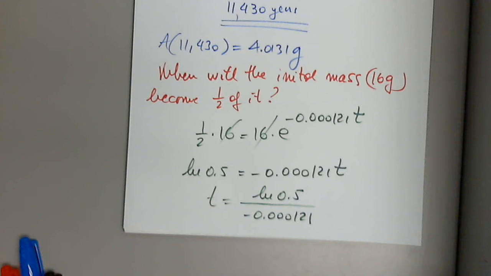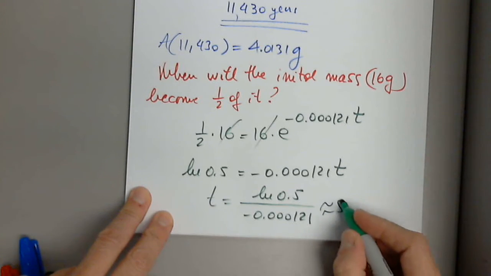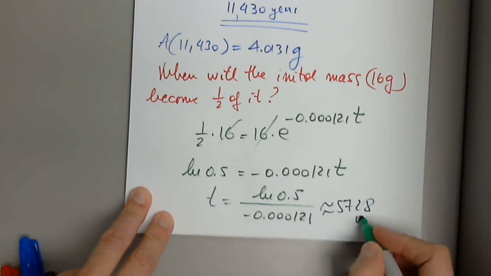So what do we have? Natural log 0.5, close the parenthesis, divided by, don't forget parentheses because it's a negative number, or you can put the negative later. But if you want to put it in exactly how we see it here, and then we get approximately 5,728 years.